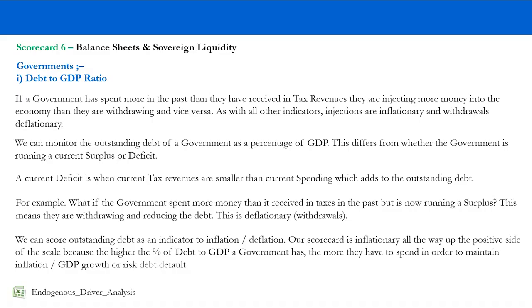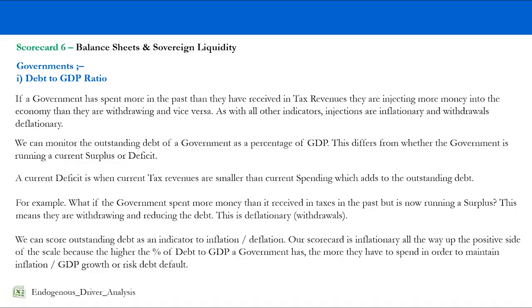And as with all other indicators that we've looked at, injections are inflationary and withdrawals are deflationary. And we can monitor the outstanding debt of a government as a percentage of GDP. And this differs from whether the government is running a current surplus or deficit, which we're going to be looking at later.